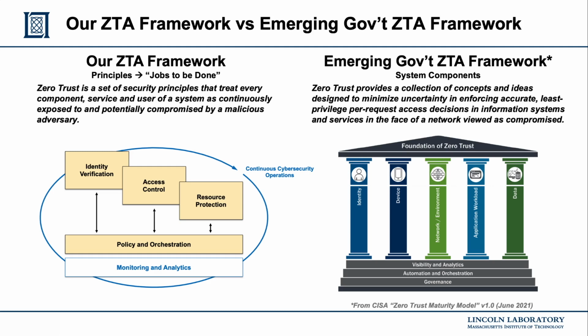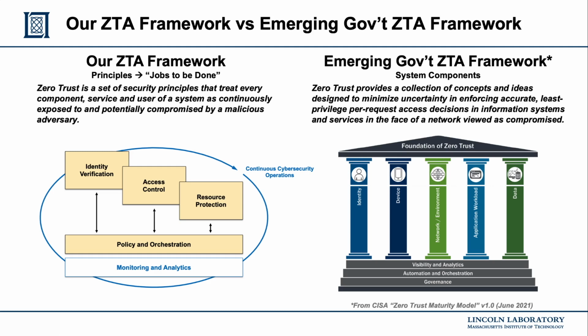In our view, we're laying out a security principle that points to a set of jobs that need to be accomplished within a computing system in order to make it more secure. The emerging government consensus starts with a definition which talks about components and specific functions that need to be carried out. So they're looking at things like identity and devices and data, rather than specific functional jobs like identity verification and access control.